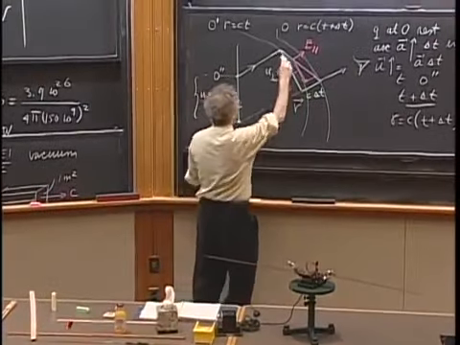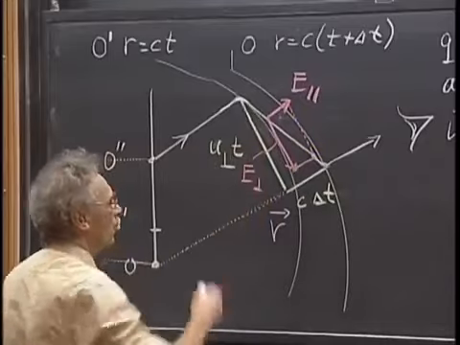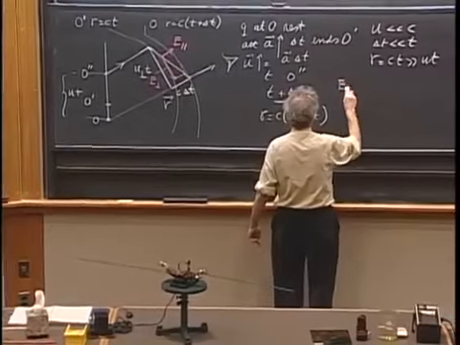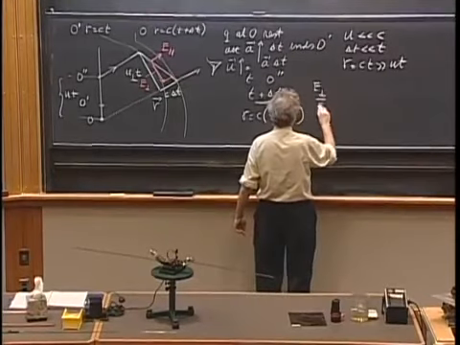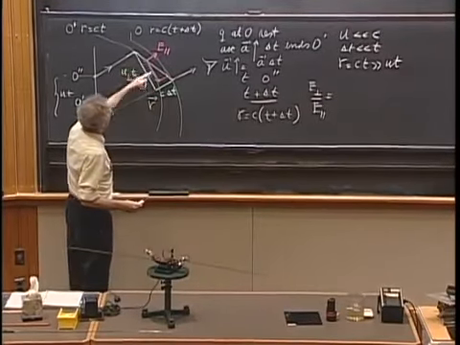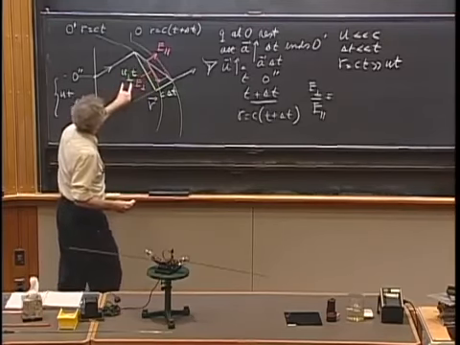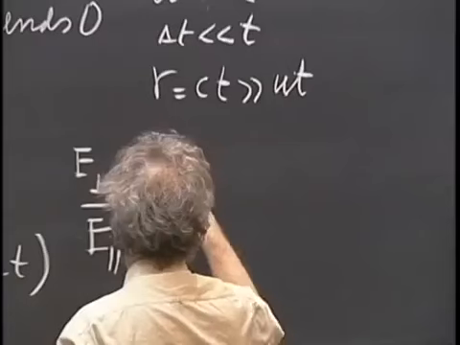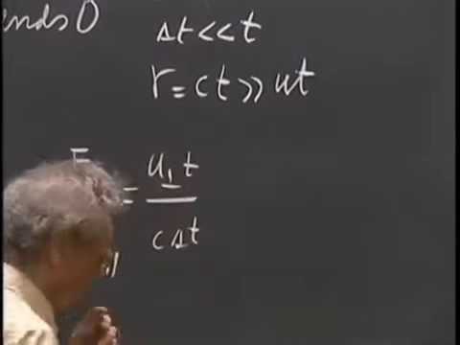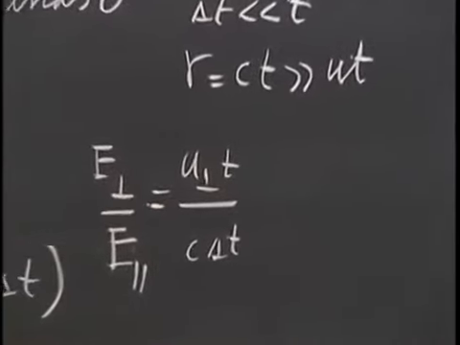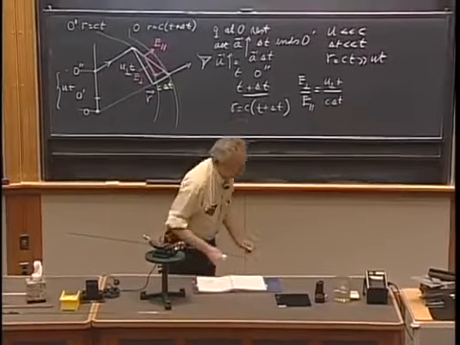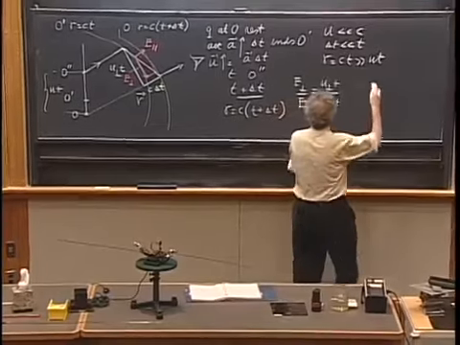Well, if you look at the fact that this triangle is congruent with this one, then you see that E perpendicular divided by E parallel must be u perpendicular t divided by c delta t. But u perpendicular t, we know that u is at.